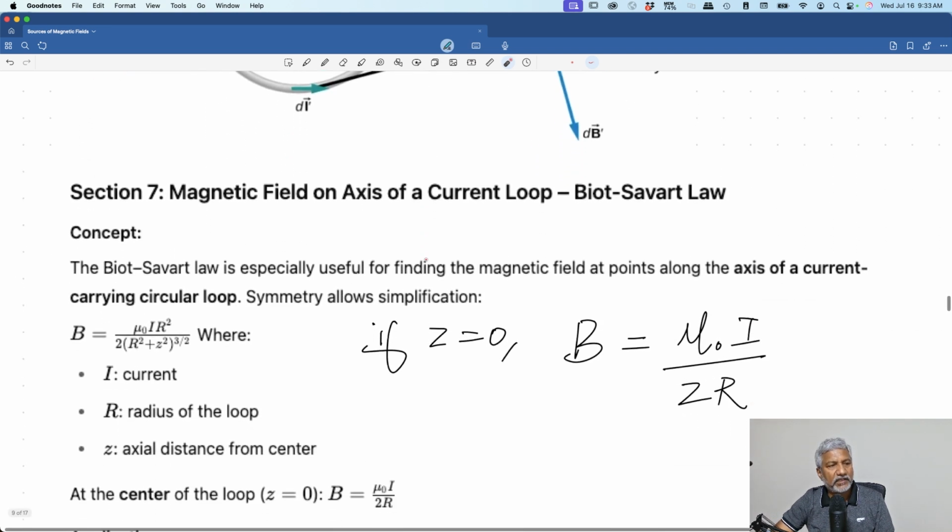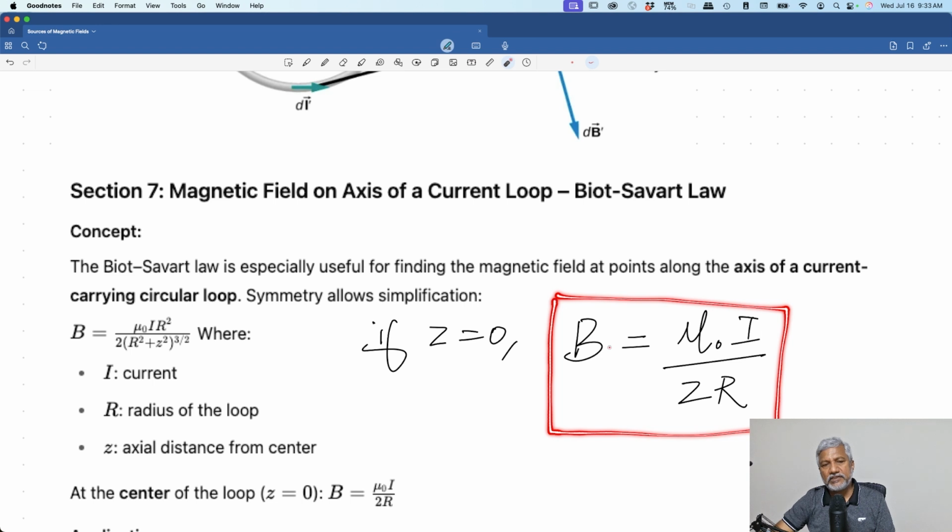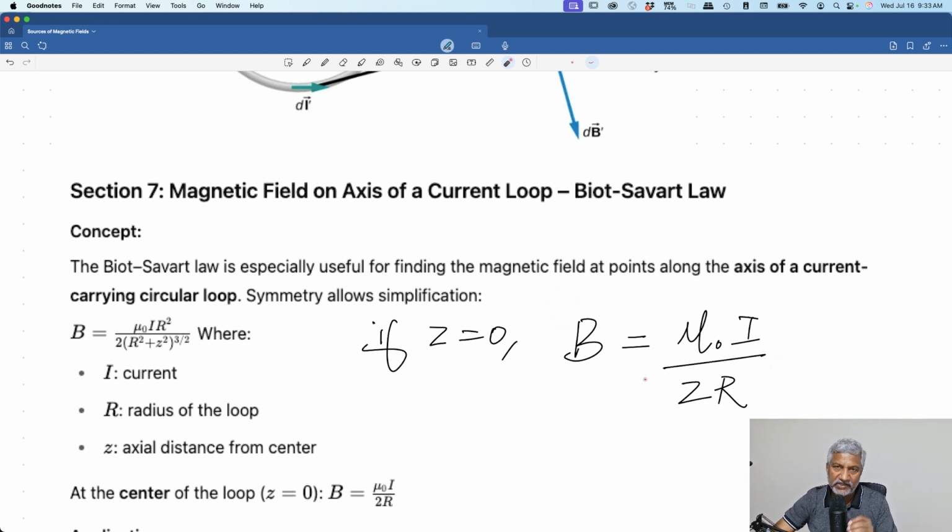So when you do that in this formula, if Z is 0, then this whole thing vanishes. And R squared raised to 3 by 2 becomes R cubed. And R cubed cancels with this R squared to give you a caps R in the denominator. That's why we have this formula. This is the magnetic field at the center of the circular loop.